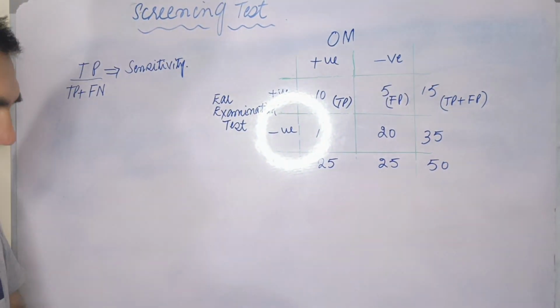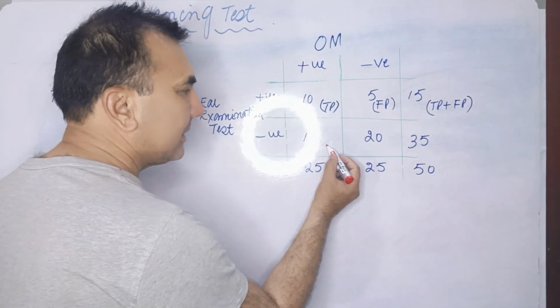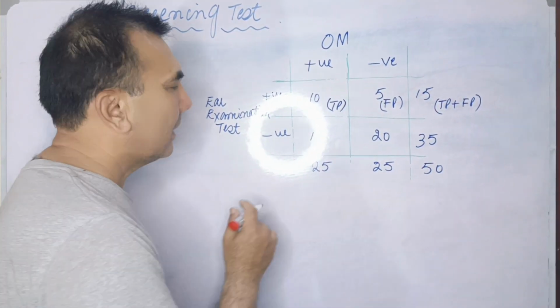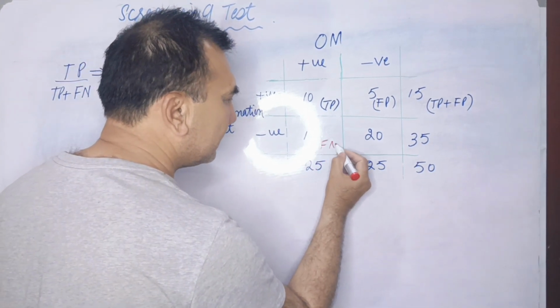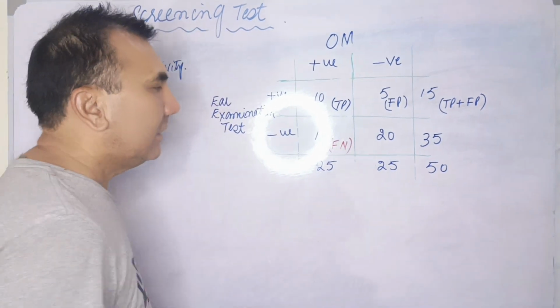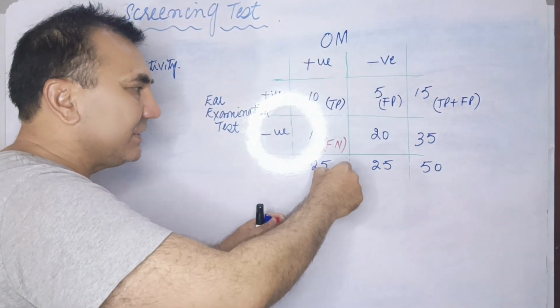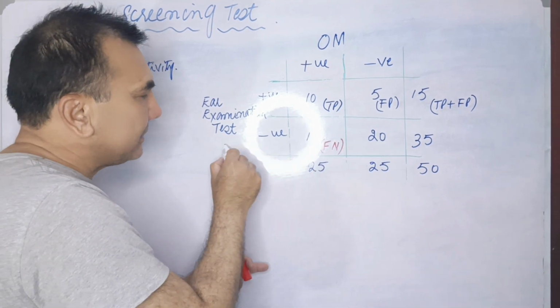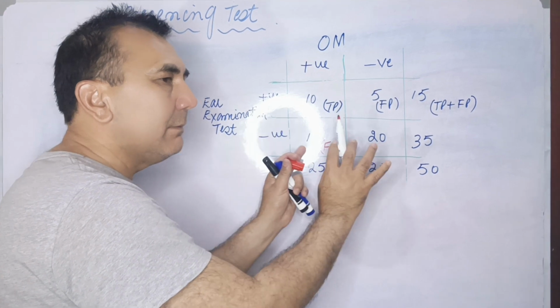Now the next cell is cell C. It is called the false negative. What is a false negative? The signs and symptoms of the disease are present, but the screening test labels him as negative.